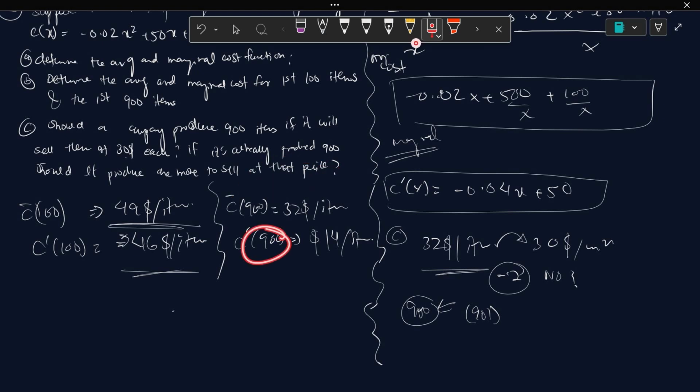We have already figured out that it will cost $14 to produce the 901st item. Since they have already produced 900 items, and they sell it at $30 while it costs $14 to produce, of course they're making a profit of $16, so they should go this way.